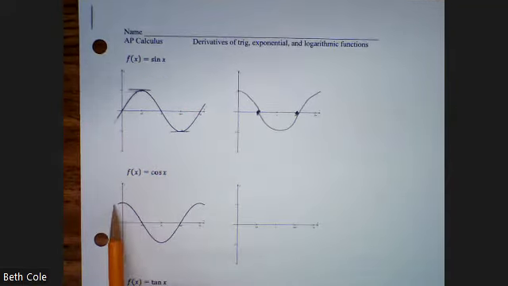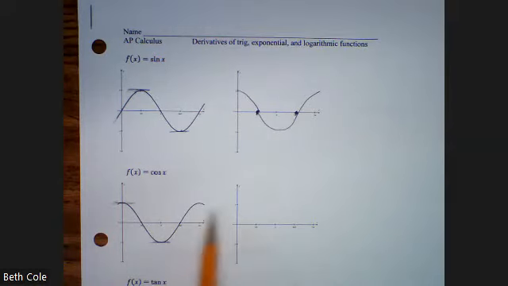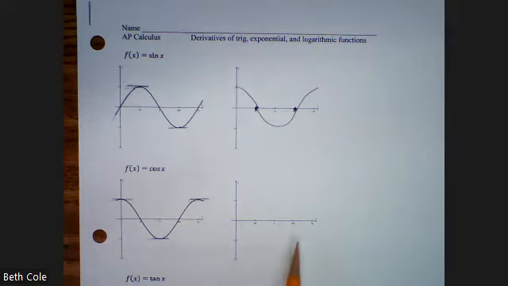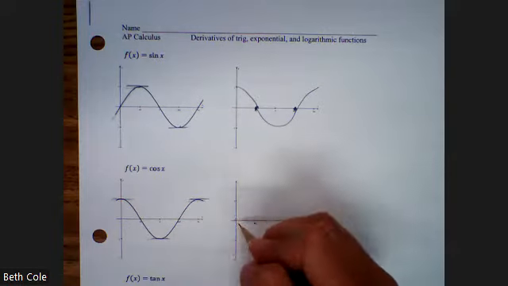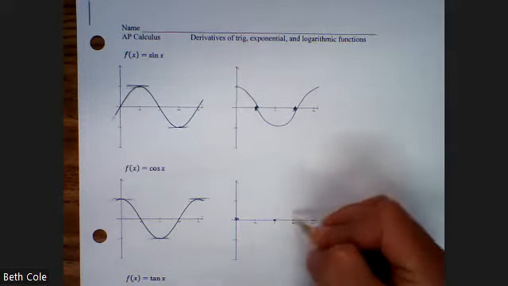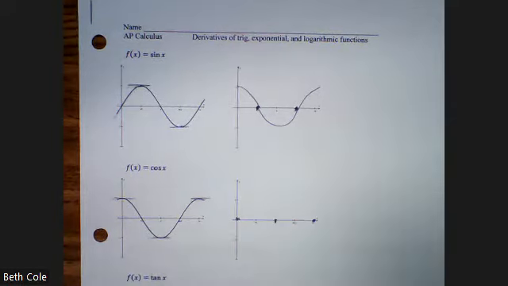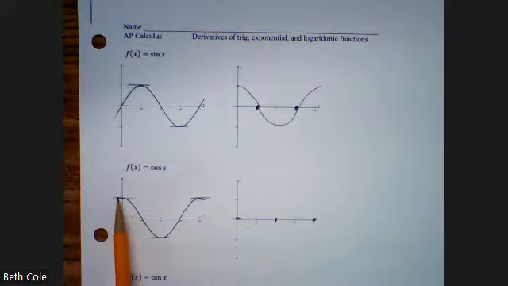Here's cosine. So if we draw in where our zero slopes are, that's where our critical points are. So we're going to put those on our derivative graph. We've got them at 0 and pi and 2 pi. And so here we are decreasing.